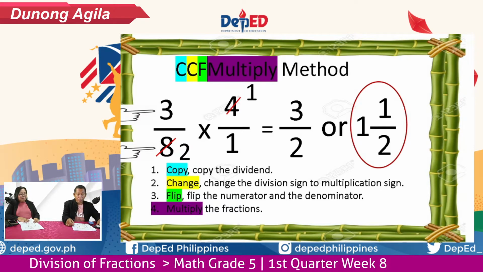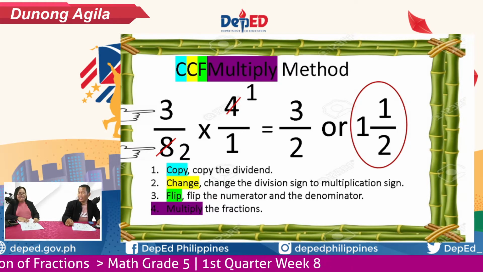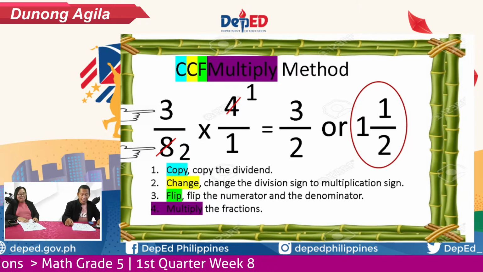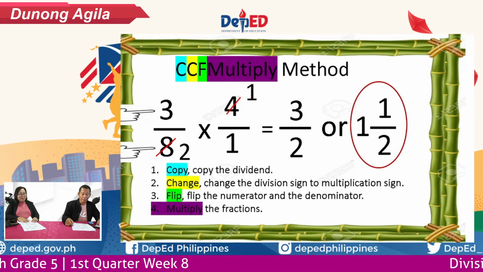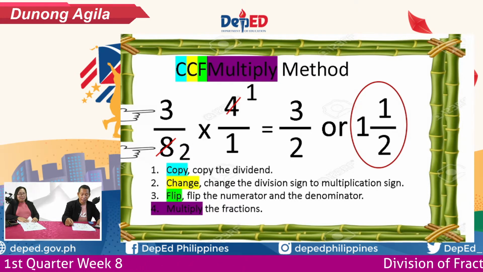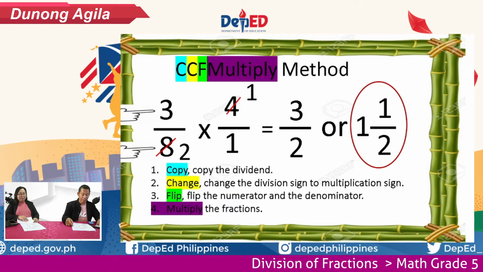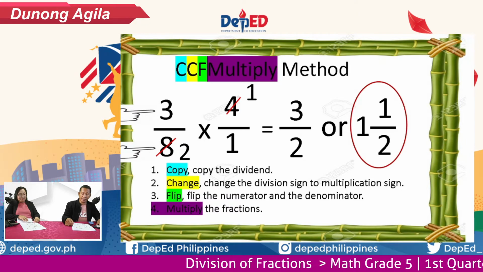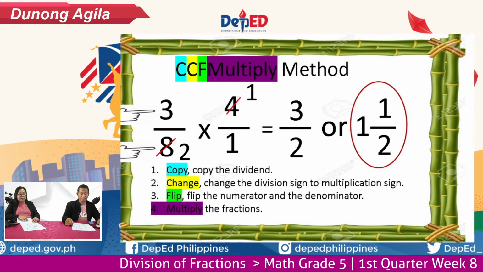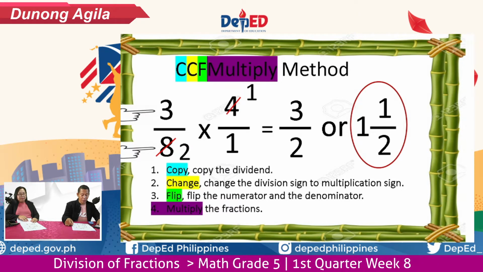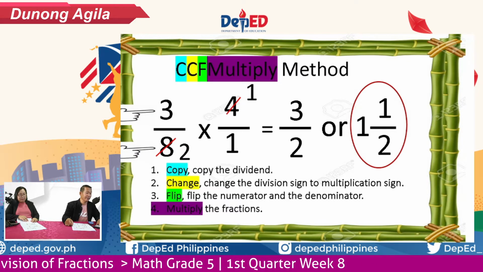How about if the equation goes like this? We will have to consider that on the screen. 5 divided by 1/4. That will be a whole number divided by a fraction. So we will now apply the CCF multiply rules or steps. First, we have to copy the dividend 5.